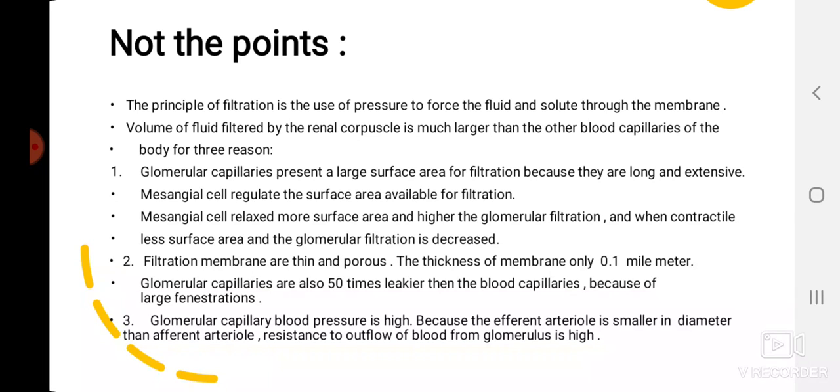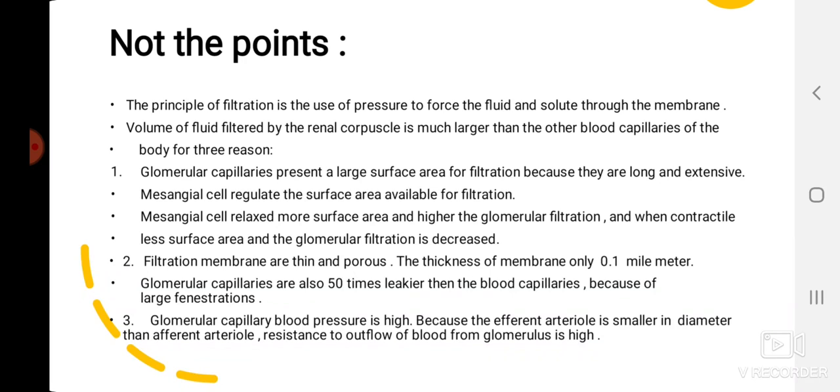First, the glomerular capillaries present a large surface area for filtration because they are long and extensive. These capillaries have a large surface area and are deeply extended in the renal capsules, and the glomerular capillaries have mesangial cells that regulate the surface area.